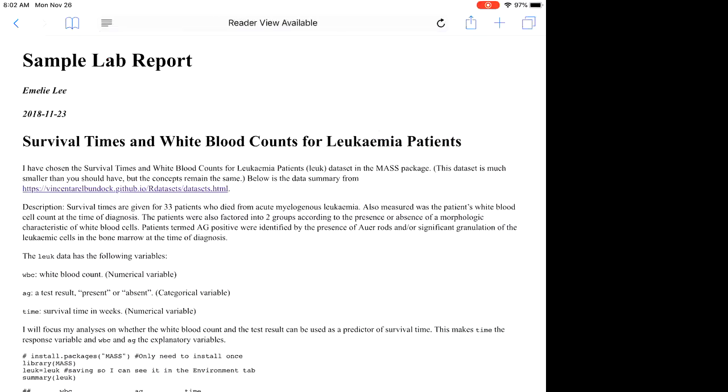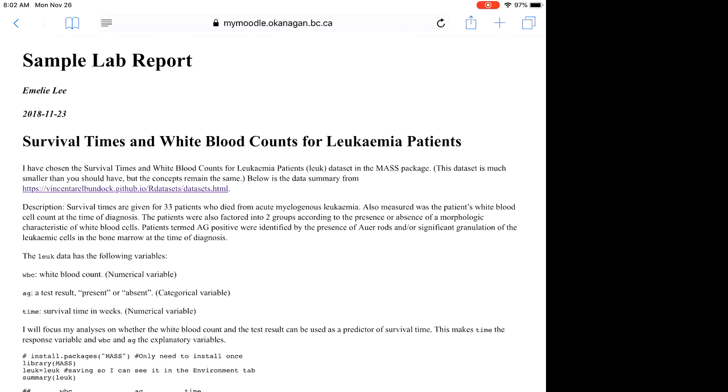It was a little bit of a somber data set. But here I've posted both the HTML as well as the RMD code, so that you can just follow along with what I did and know what's expected of you for this lab report that you're handing in at the end of the term.